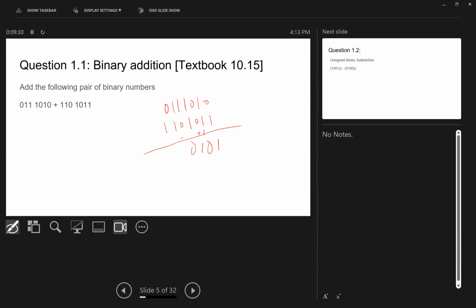So according to this, the maximum number we can get should be 2 to the n minus 1, minus 1. Is it clear? And if we want to get the smallest number, namely a negative number, what should we do?